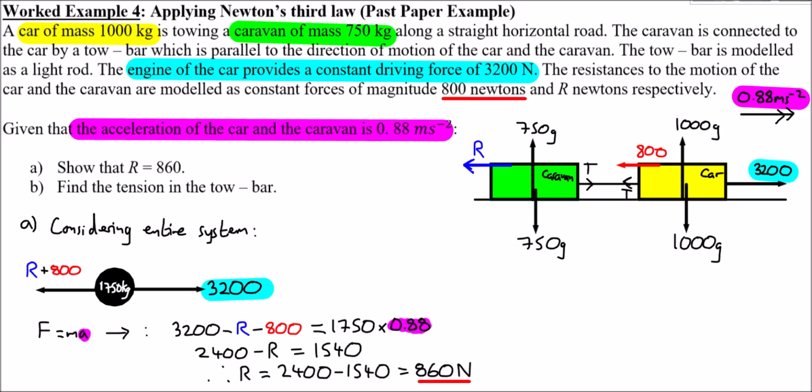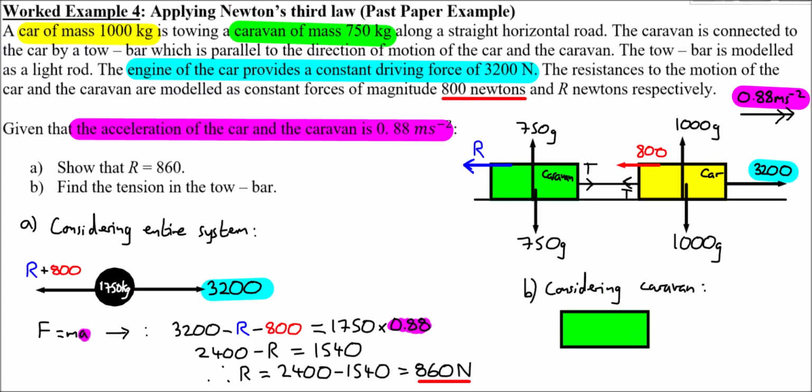Now for part B, I need to find the tension in the tow bar. Now for this one we've got choices. We could either consider the caravan or the car. What I'm going to go for is just considering the caravan. So if I just steal the caravan, which we've got here, pop it there.